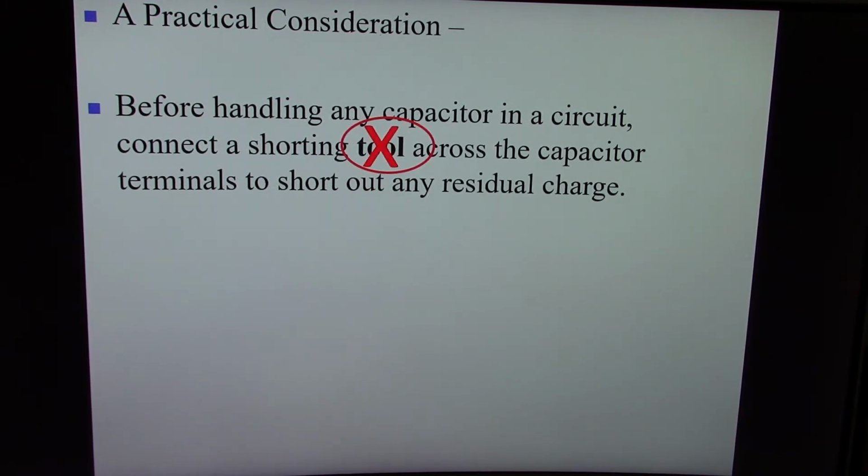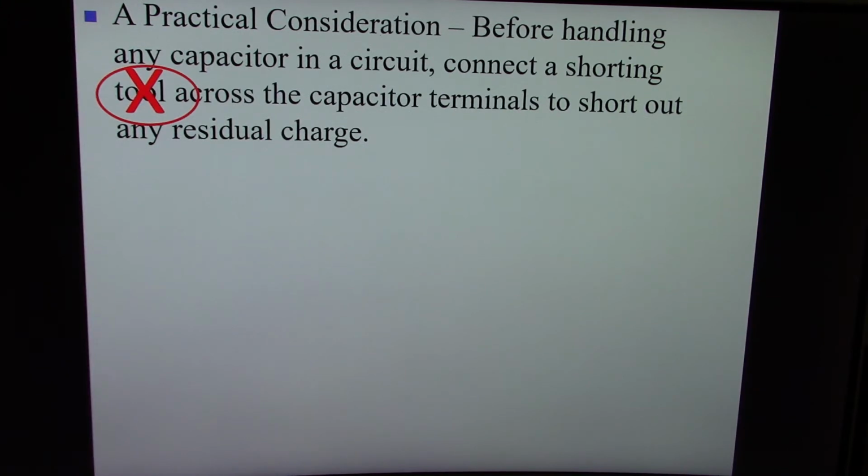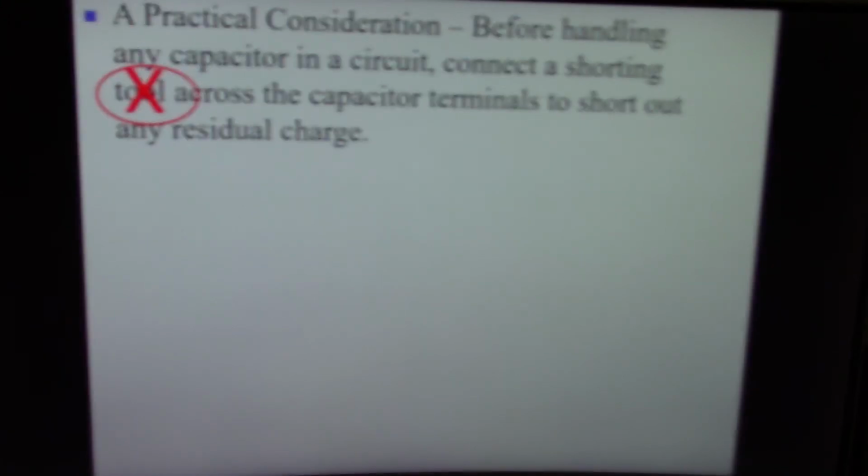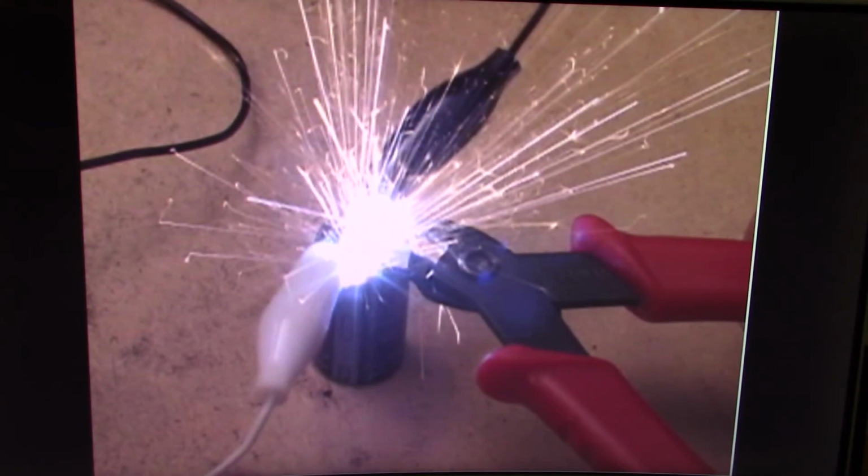If you put a tool across it, like let's say a metal screwdriver or a wrench handle or something like that, that's going to happen. And that's not pleasant.